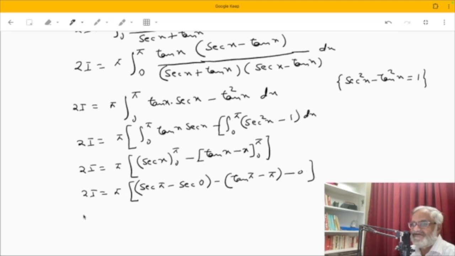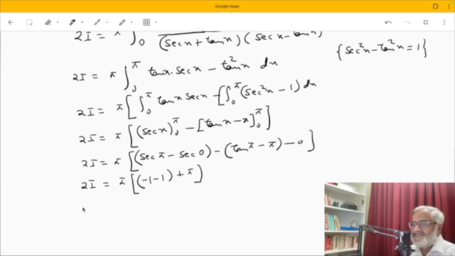So our entire question becomes twice I equals pi into, now put the values, sec pi is minus 1, minus sec 0 which is 1, minus tan pi which is 0, and minus plus pi.